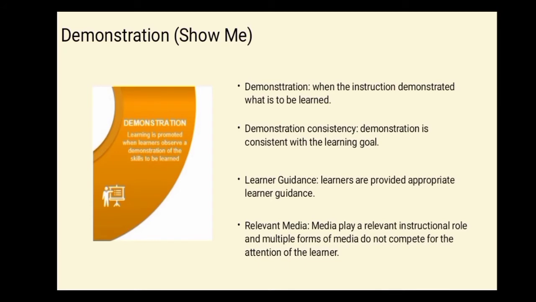The next principle is demonstration, or show me. It states that the instruction demonstrates what is to be learned. It is traditional to present your discussion to your students, and we can say that it is effective. Learners learn new skills and knowledge when it is demonstrated to them in the context of a real-world problem or task.